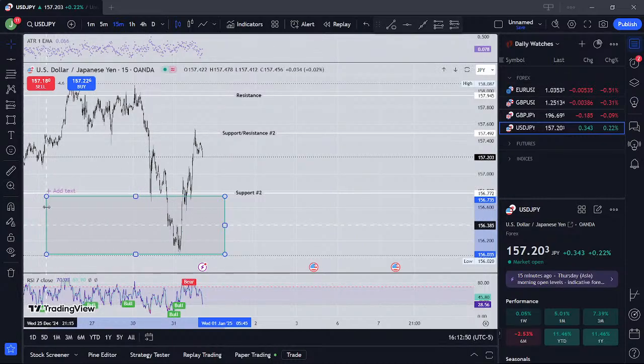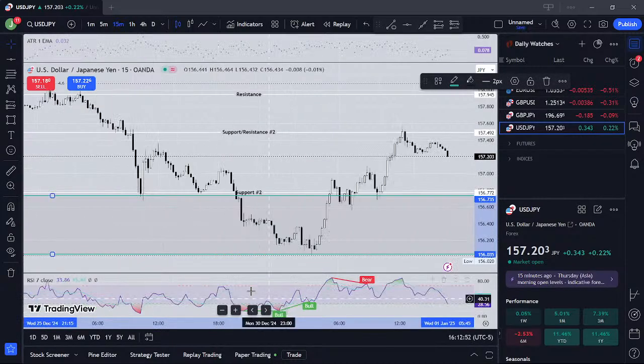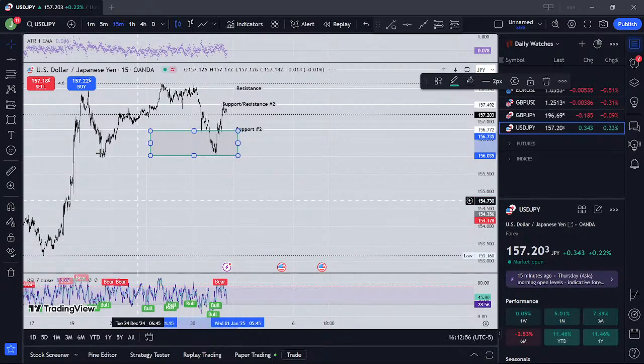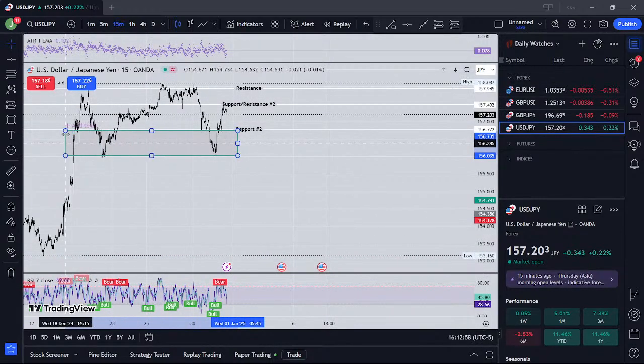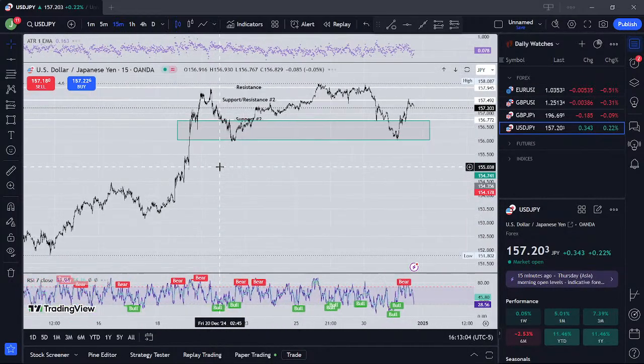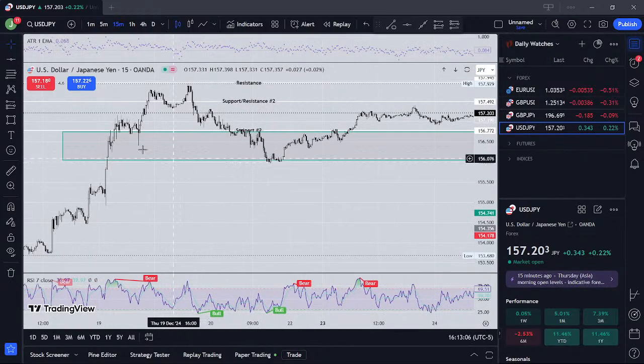Yeah, the market also came to this position on April 19th. The market came up here and came back here. It didn't break down, that's good.